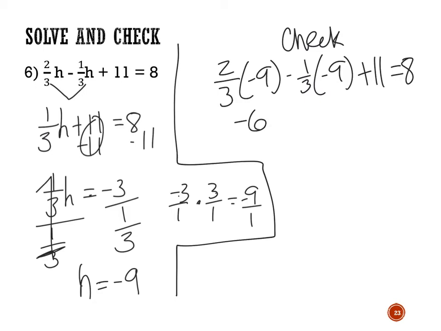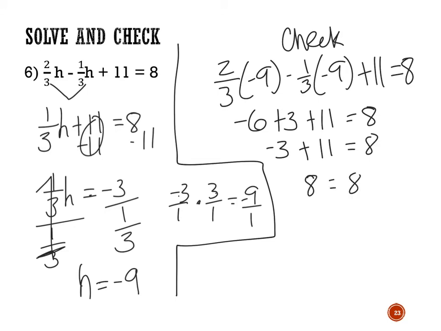Negative 1/3 times negative 9 gives you positive 3 plus 11 equals 8. Negative 6 plus 3 equals negative 3 plus 11 equals 8. Negative 3 plus 11 equals positive 8. 8 equals 8, checks out, so h equals negative 9.